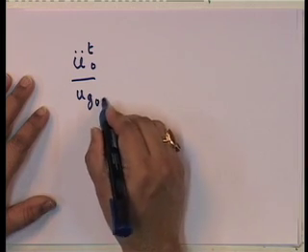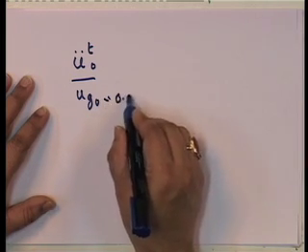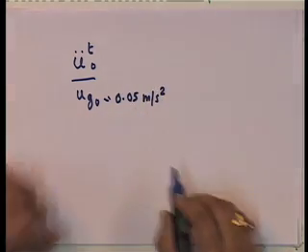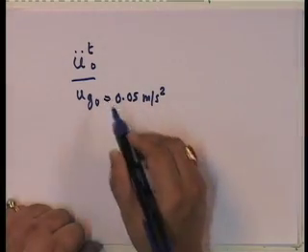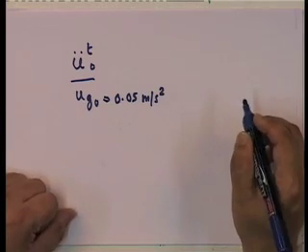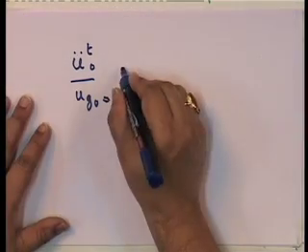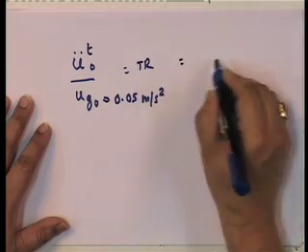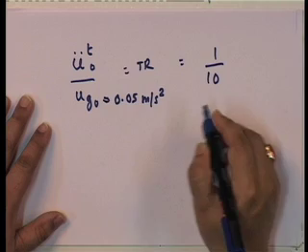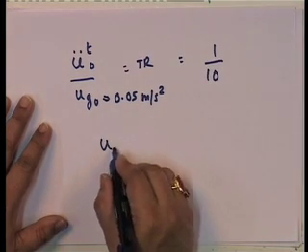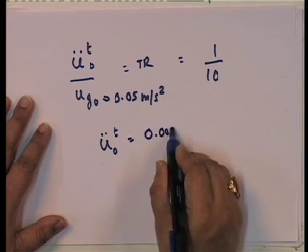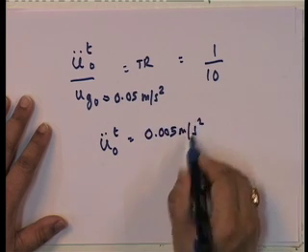and I know that this is equal to this. So, the question becomes that, again I say that this is a transmissibility ratio, and I want to say that, look, I, as a car person, do not wish to feel anything more than 0.005 meters per second squared.